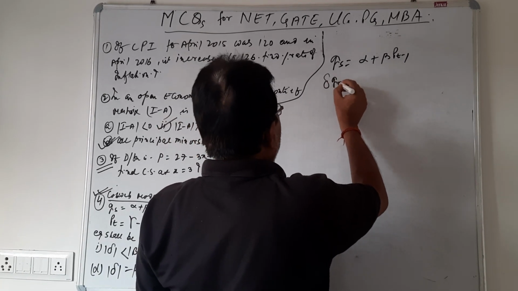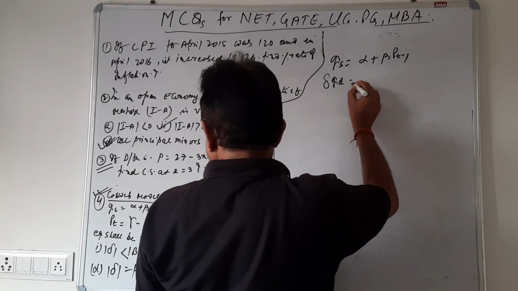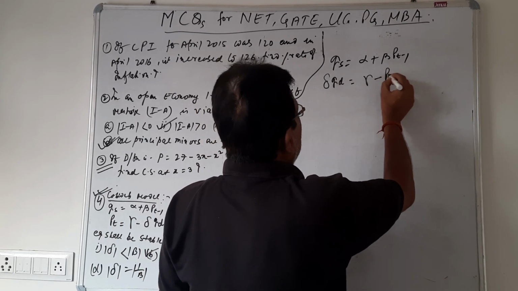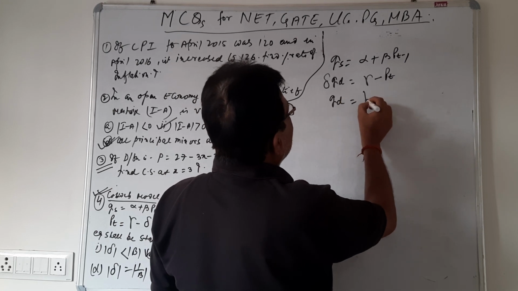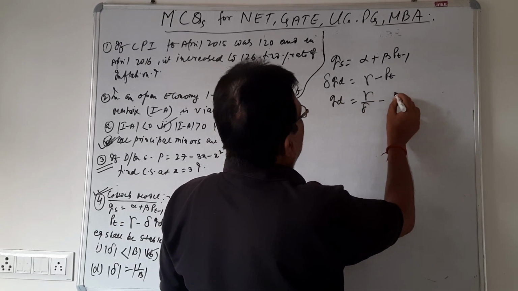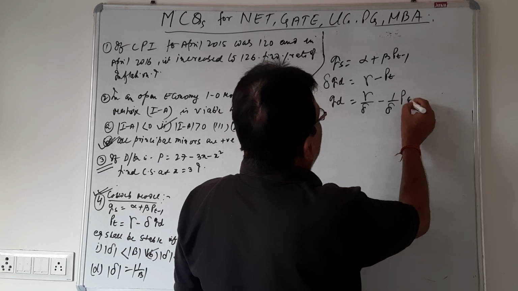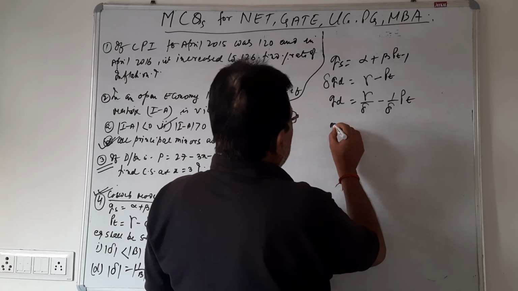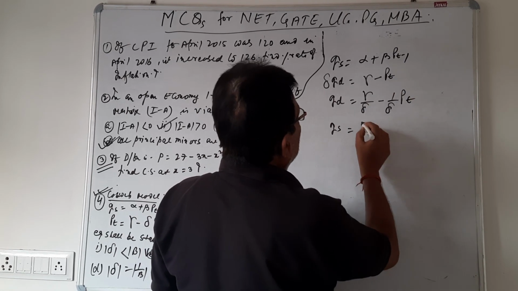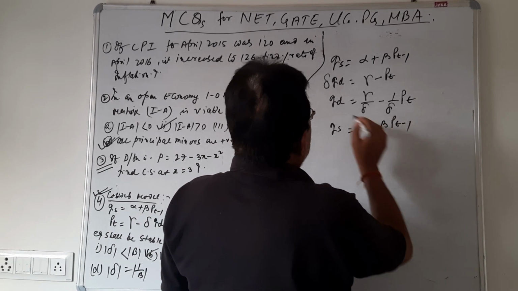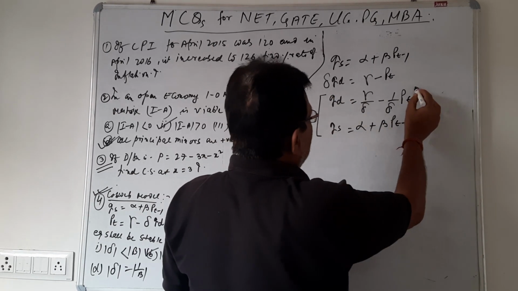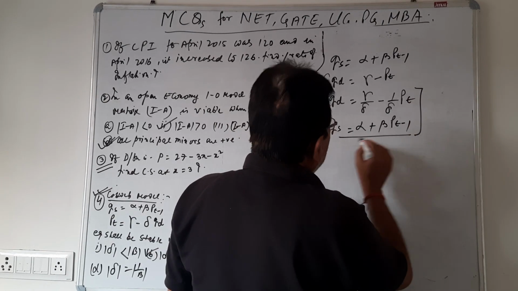So delta QD is gamma minus PT, hence QD is gamma by delta minus 1 by delta PT. This is QD and this is QS, alpha plus beta P. Now this cobweb model has become a standard form.